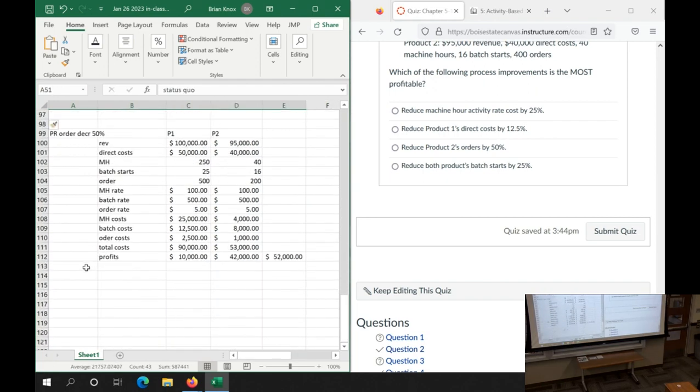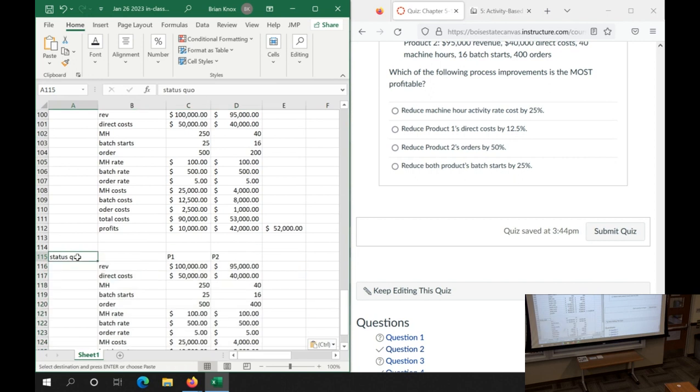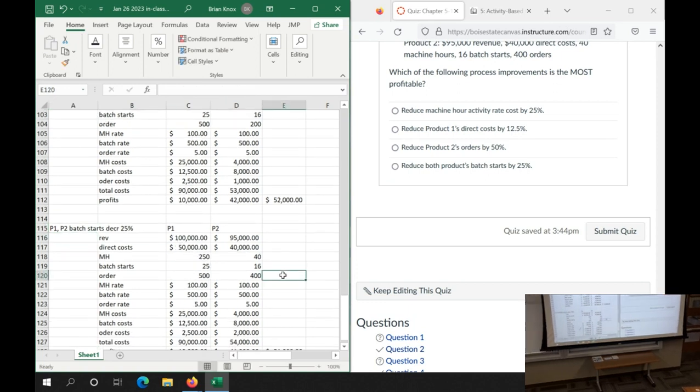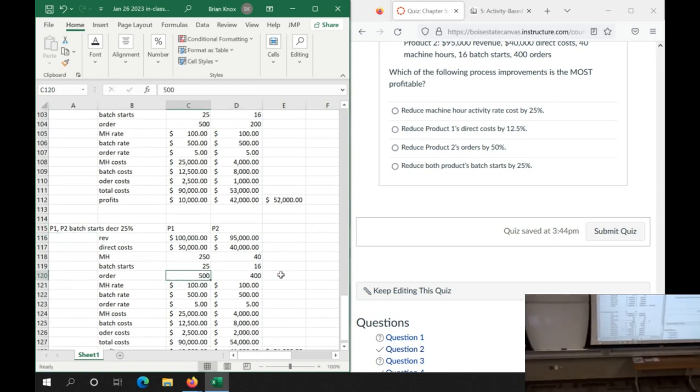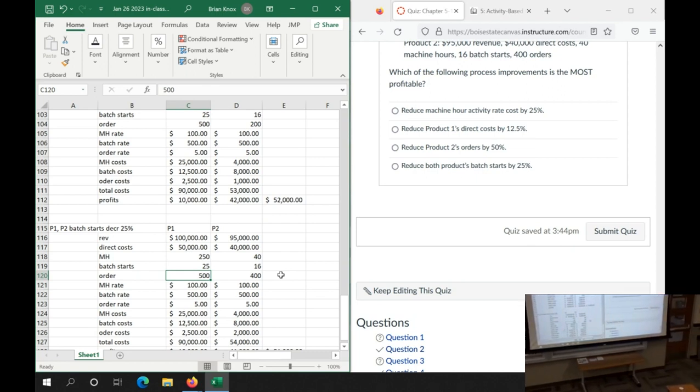Okay, last scenario to run here. This is the P1, P2 batch starts decrease 25%. Okay? So decreasing this by 25% puts us at 375.